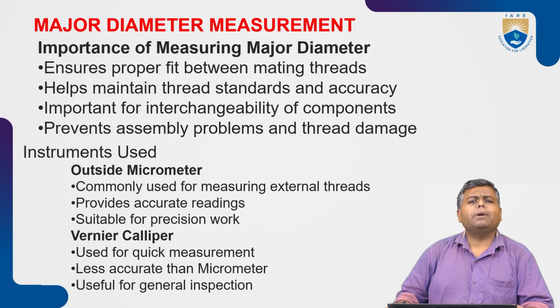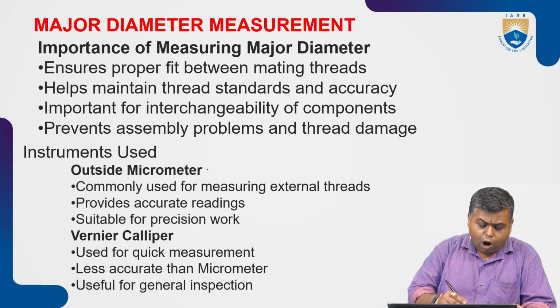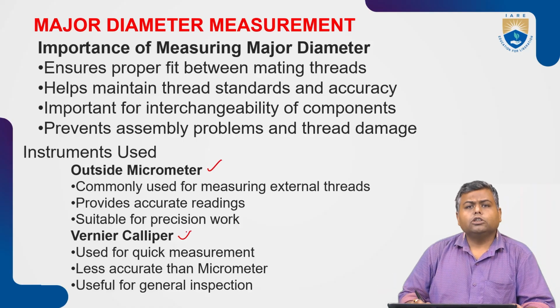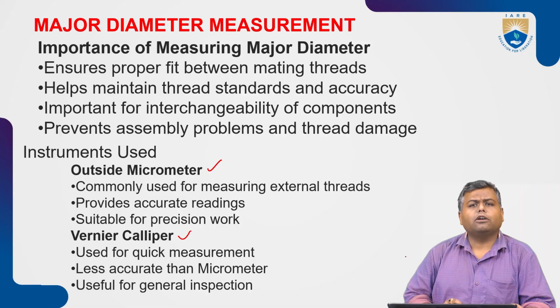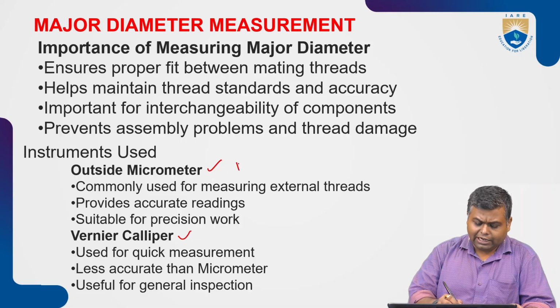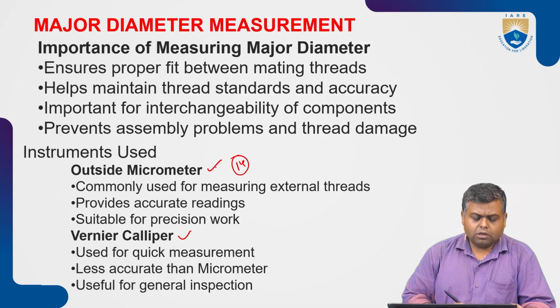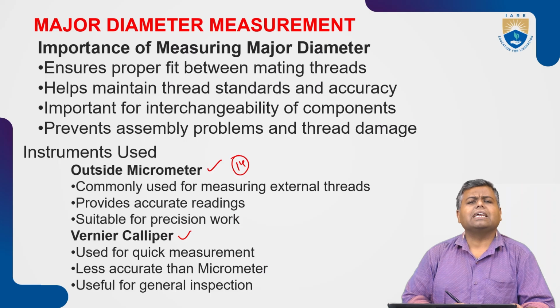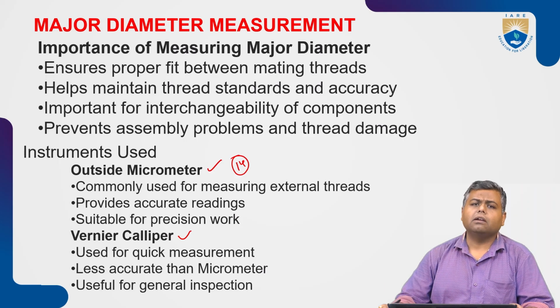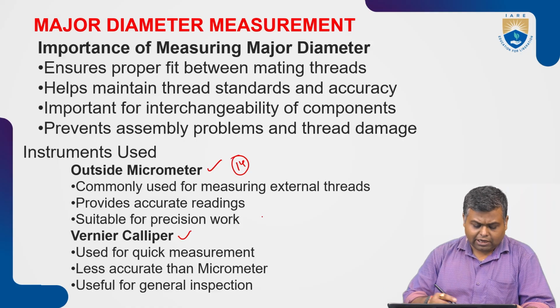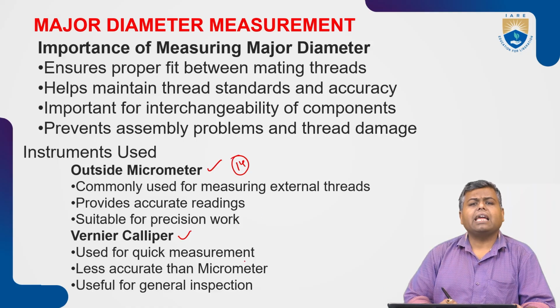So what are the instruments used for measuring major diameter? Outside micrometer as well as vernier caliper. We have already discussed micrometer very deeply. There are 14 different types of micrometer. Commonly used for measuring external threads, we have the thread micrometer. It provides accurate reading and is suitable for precision work. Then the vernier caliper.